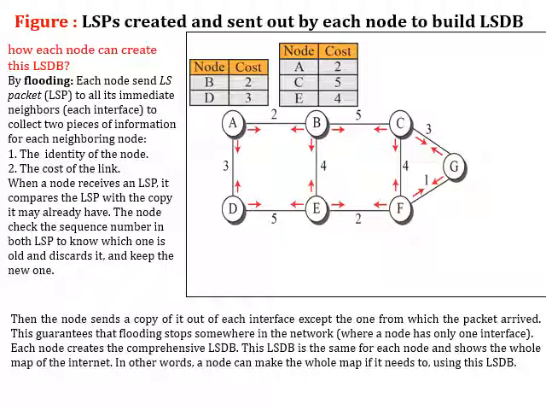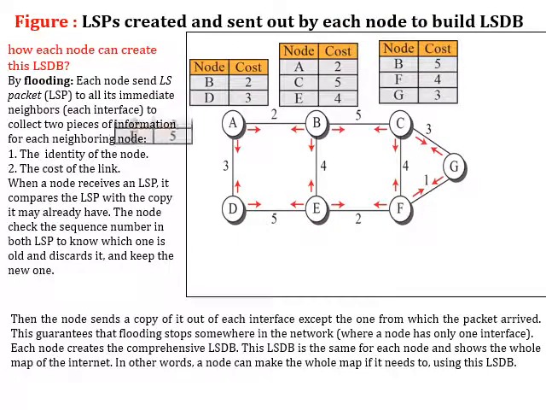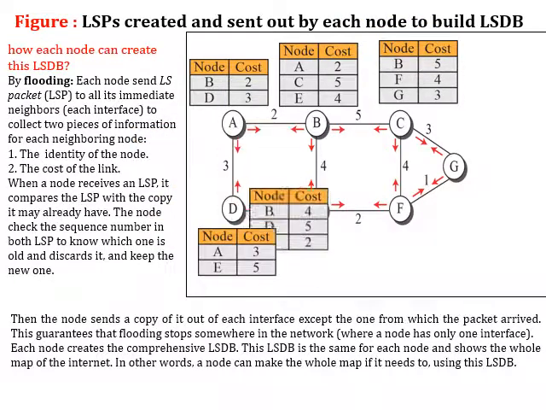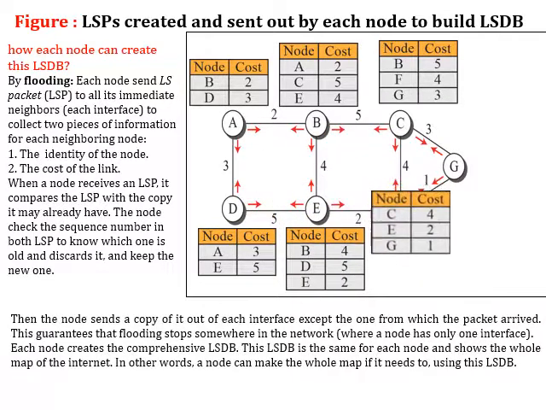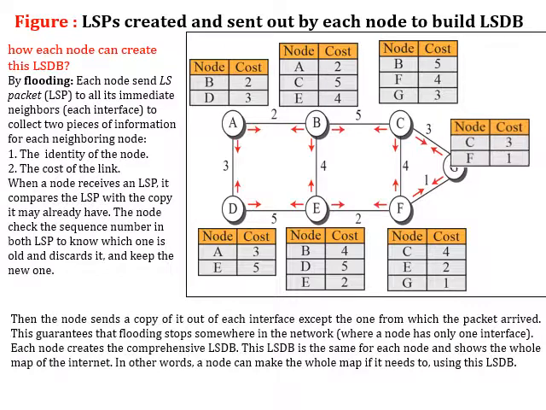The node identification becomes known when the link state packets are shared by the neighboring nodes to B. Therefore B's neighboring nodes are A with a cost of 2, C with a cost of 5, and E with a cost of 4. Like that for C, D, E, F, and G.